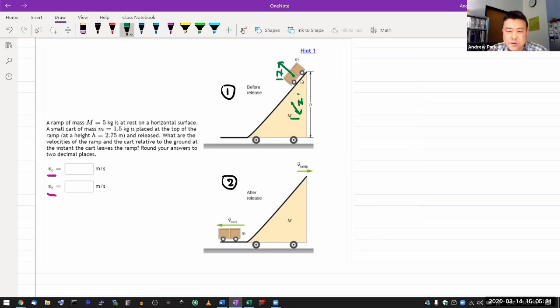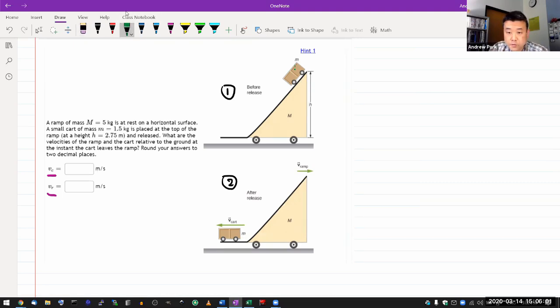But the function of this normal force is basically transferring energy from the cart to the ramp. So as long as you are considering the entire system, the normal force does not cause the system to lose energy. So I can ignore the fact that the normal force is doing work. And there's no friction force. And gravitational force, although it's doing work, is a conservative force. The work done by gravitational force is accounted for in the change of potential energy.